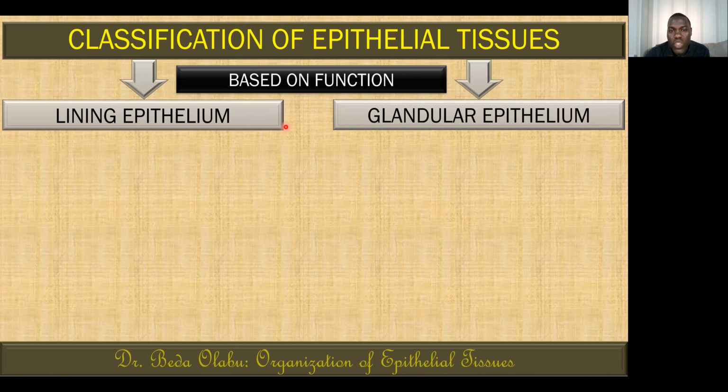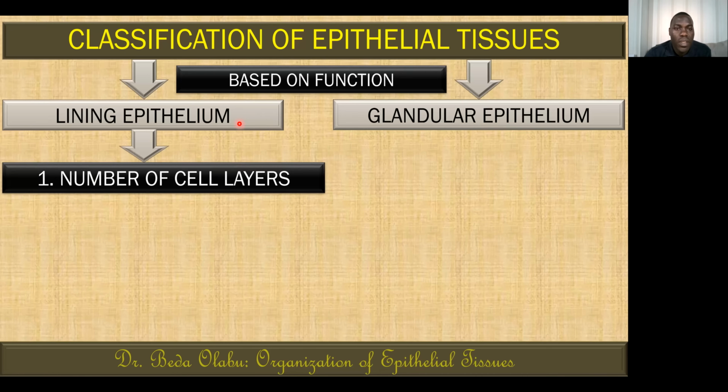And actually, the subsequent concepts which are used to classify epithelium are largely revolving around the lining epithelium as opposed to the glandular epithelium. And so which are these other concepts? Lining epithelium can further be classified based on two things, mainly, but I'll tell you three.